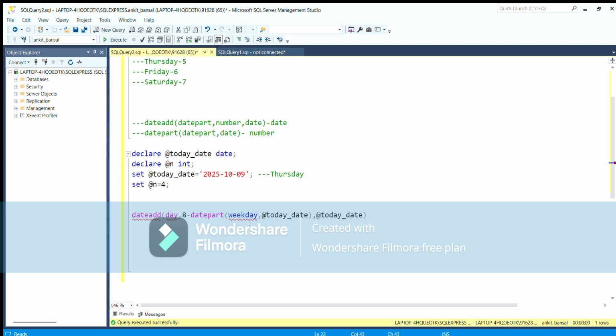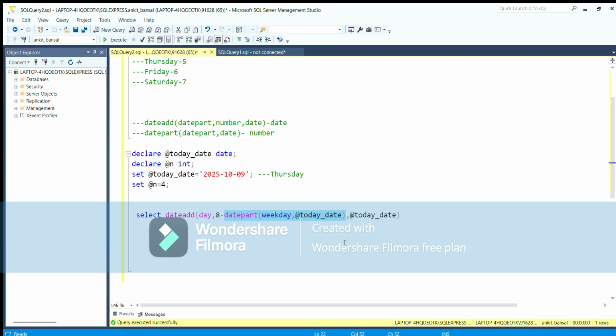Let me explain this. In front of that, I need to put a SELECT command. In this DATEADD function, in the date section, I have mentioned today's date, and instead of writing the number manually, I wanted to write the number with this formula, because I wanted to get the number automatically.